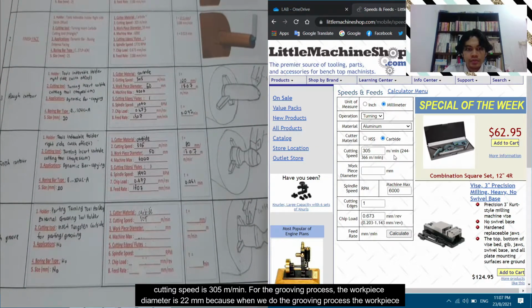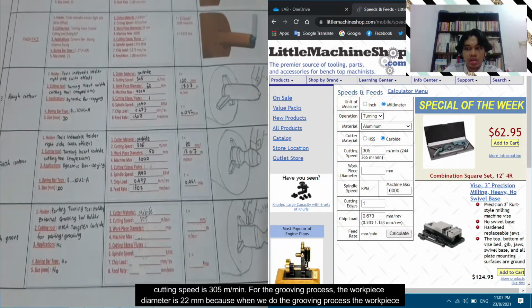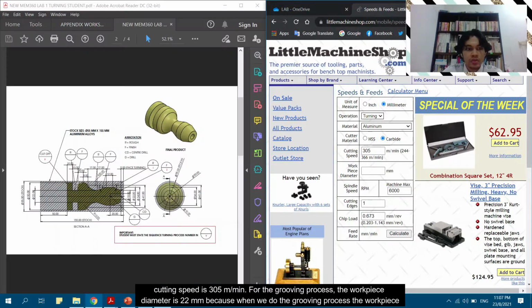And then for the grooving process, the workpiece diameter is 22 mm because when we do the grooving process, the workpiece will be cut until its diameter is 22 mm.